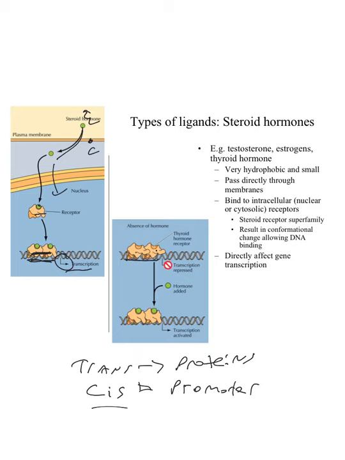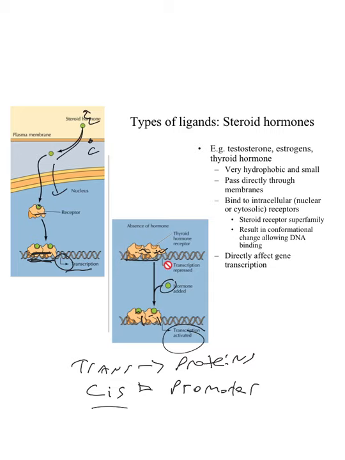So what puts it in the right shape is the steroid hormone. So now when that comes into the nucleus, it binds to the trans factor, changes the shape, and look at what the artist has done. Here, this little activation domain is hanging out like that. Now it's flipped down, okay? That's the conformational change. Now that trans factor is in the right shape to recruit RNA polymerase and activate transcription.